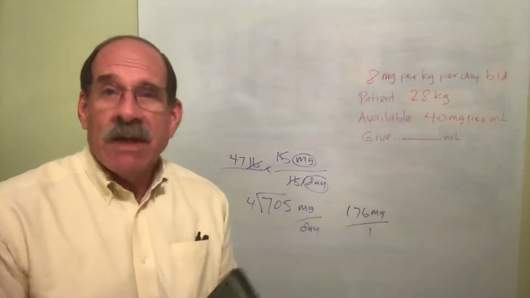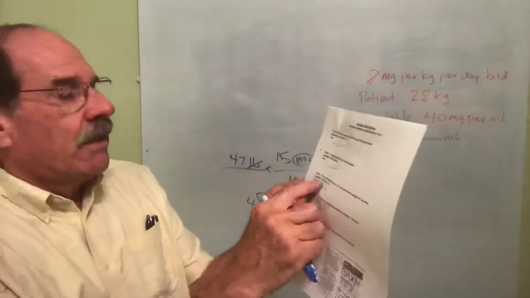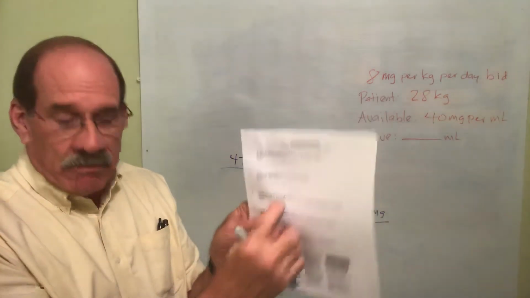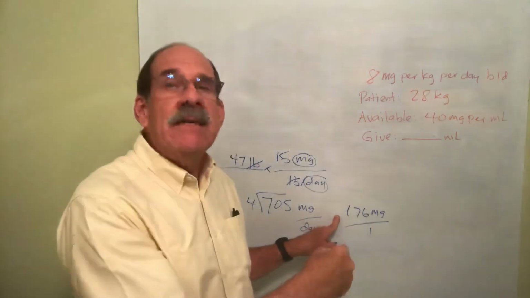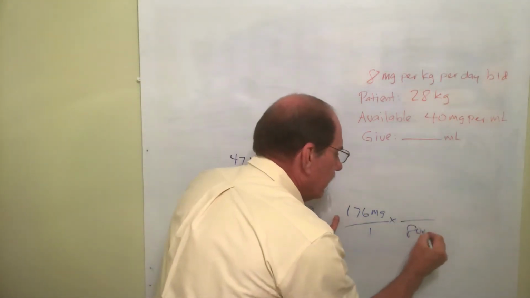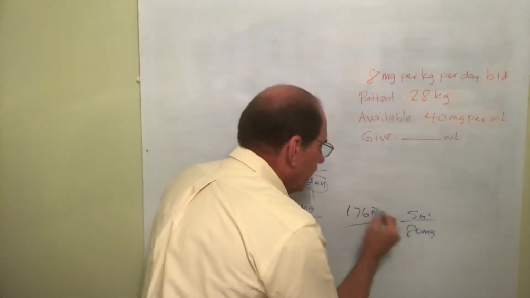My final step now is the dosage calculation. It says here, we have 80 milligrams per 5 milliliters. That's how much I give in divided doses per dose. I have 80 milligrams in every 5 milliliters. That cancels this.